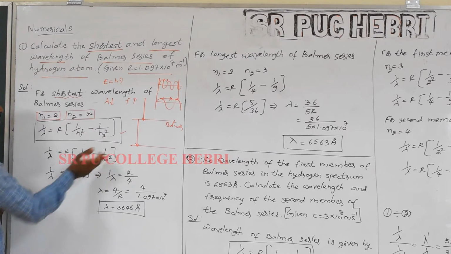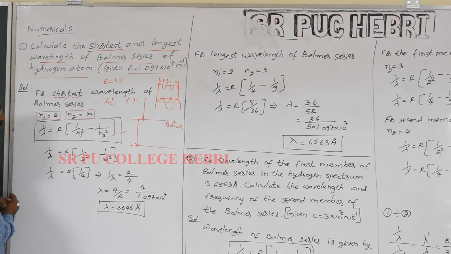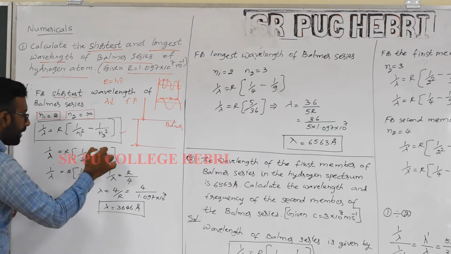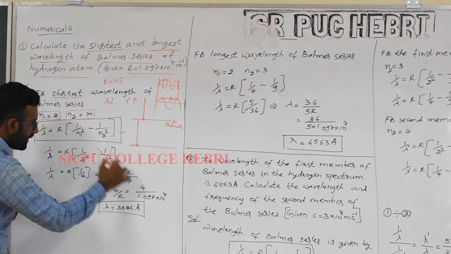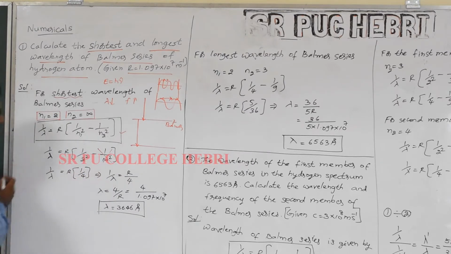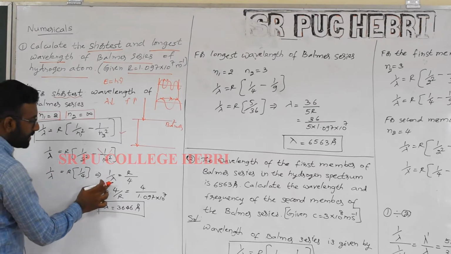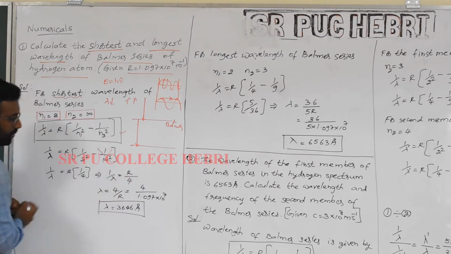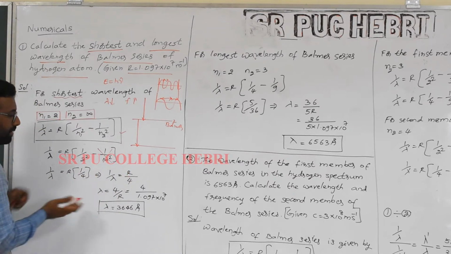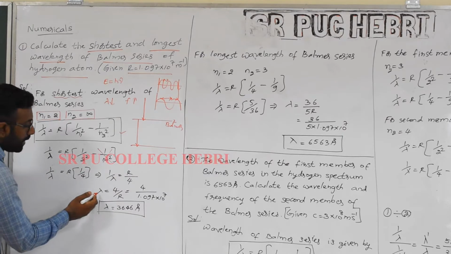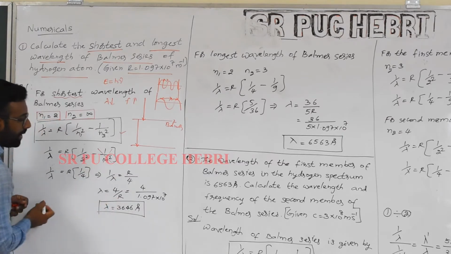You know 1 by infinity is 0, so this term gets cancelled and we have only this much. 1 by lambda is equal to R into 1 divided by 4, or 1 by lambda is equal to R divided by 4. What is lambda then? Just reverse it: lambda is equal to 4 divided by R.